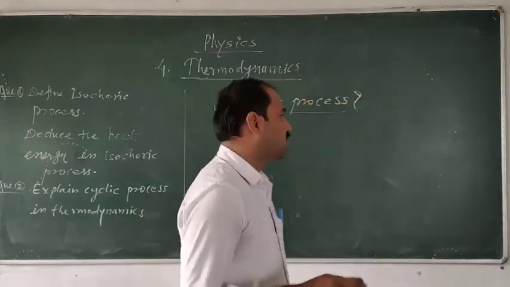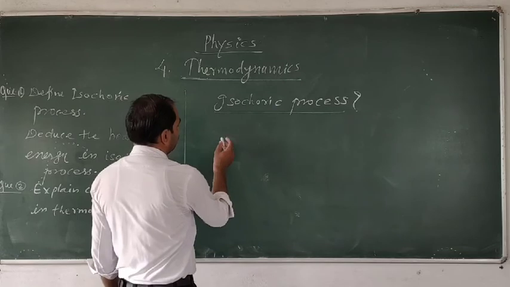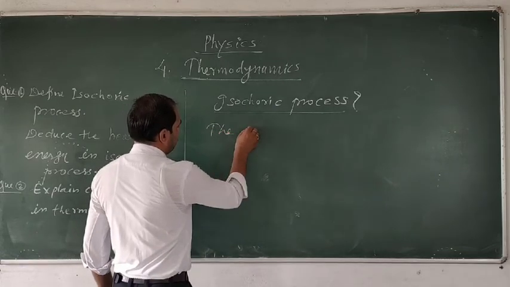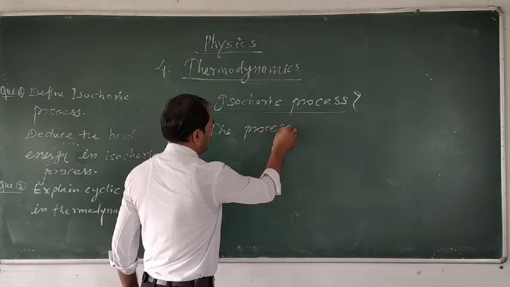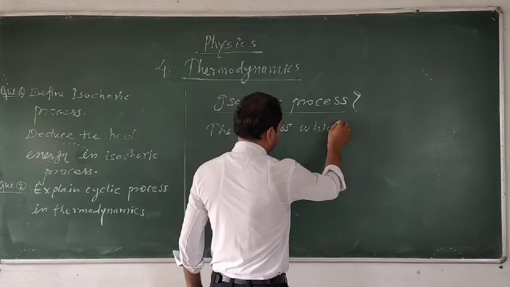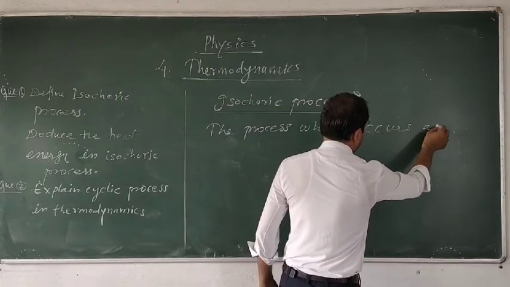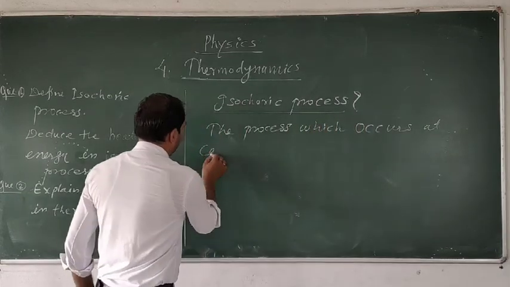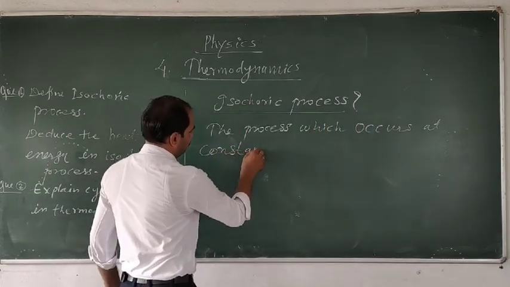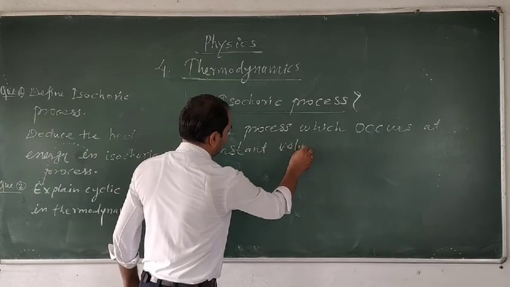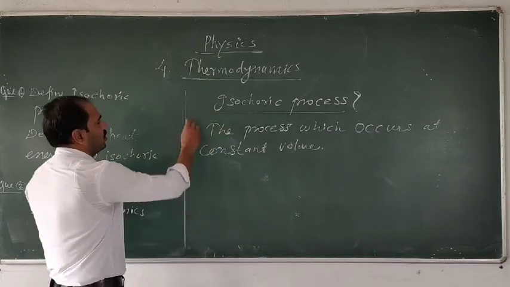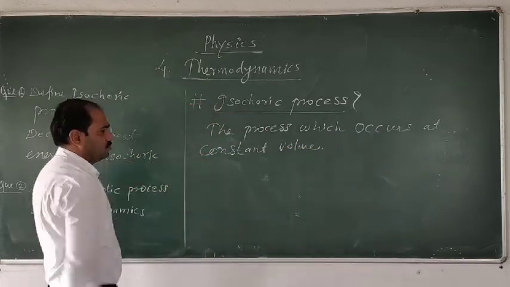So this is the definition of the isochoric process: the process which occurs at constant volume is called isochoric process.